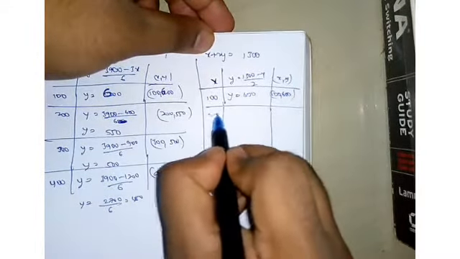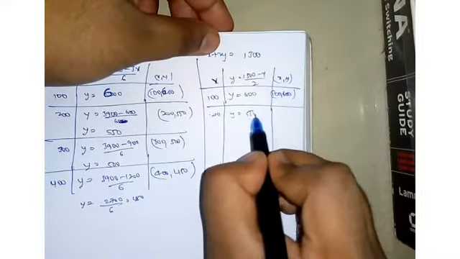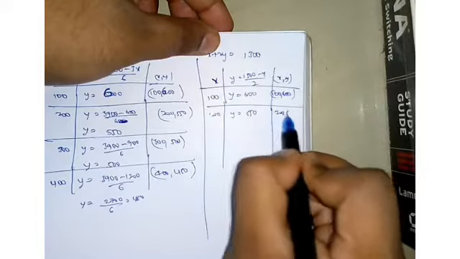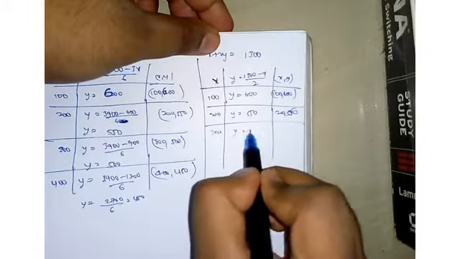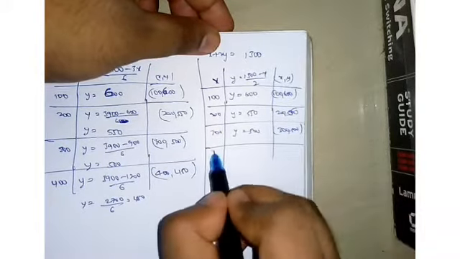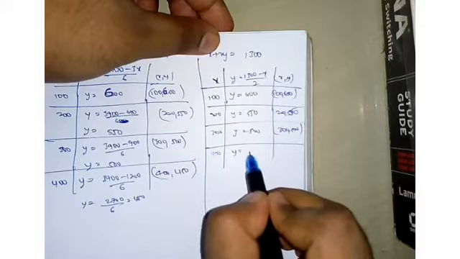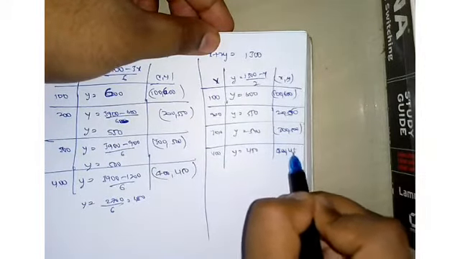Next, for 200, y will be 1300 minus 200 is 1100 by 2, 550. So it will be 200 comma 550. Next, for 300, y is equal to 500. So it will be 300 comma 500. For 400, y will be 450. So it will be 400 comma 450.